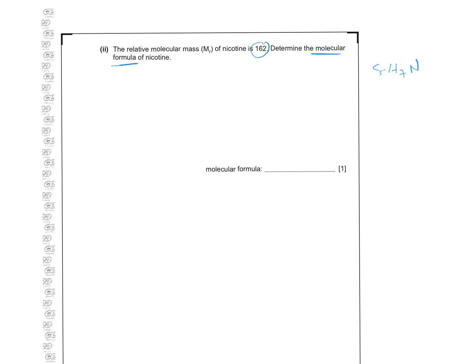So what you've got to do is work out the mass of this, and that equals 81. So hopefully you can see that you need 2 of these to equal 162. So what we do is multiply all of these by 2. So that means that in total there would be 10 carbons, 14 hydrogens, and 2 nitrogens. We do not do 2 C5H7N.